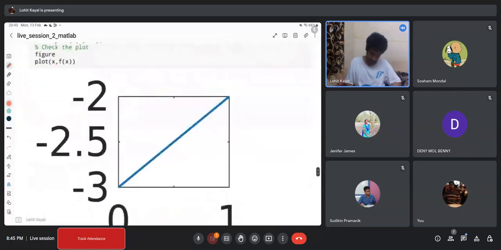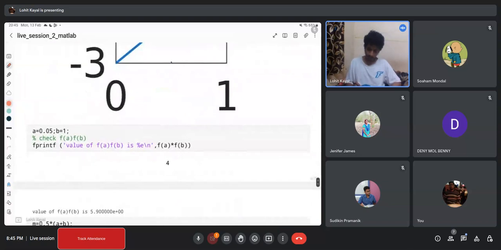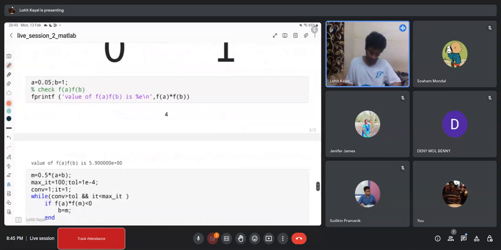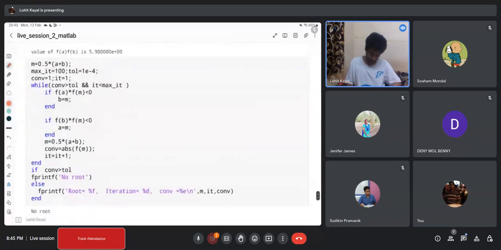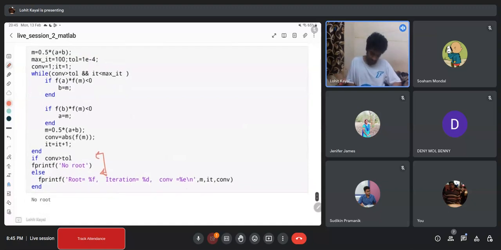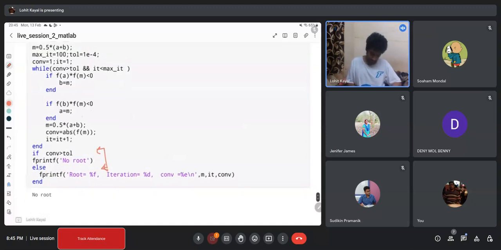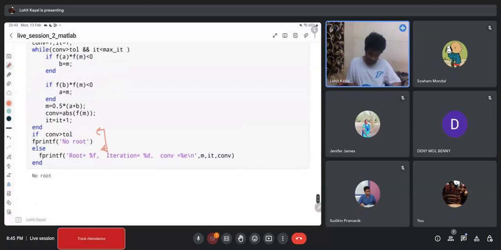Now, in order to rectify that, we can make some modification in our code. See, this is the small modification. I am doing all the same things, it equal to one, same thing. But now, just before writing the root, I have put some condition.